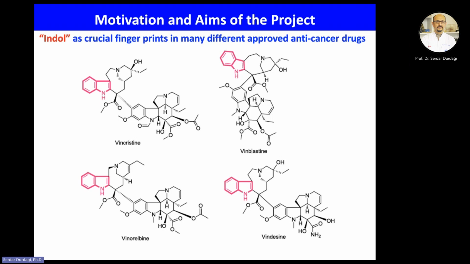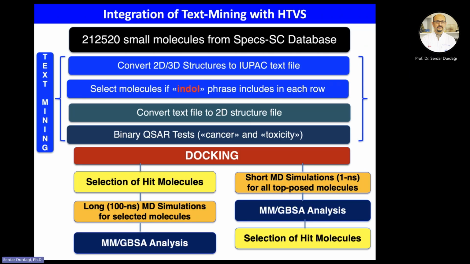So then you can estimate, if you want to get new anti-cancer molecules, can we use indole in our molecules? So what we did, we used the SPECS database, which has more than 200,000 small molecules, and we converted these to an IUPAC text file.